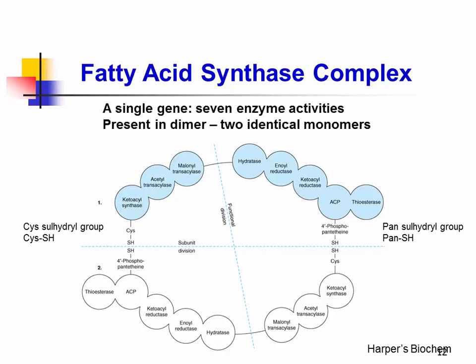Okay, now the second complex, the fatty acid synthesis complex, involves the rest of the process of fatty acid synthesis, right? This is also a multi-enzyme complex. It's actually even more complicated, with 2 monomers packed together to form the whole fatty acid synthesis complex.